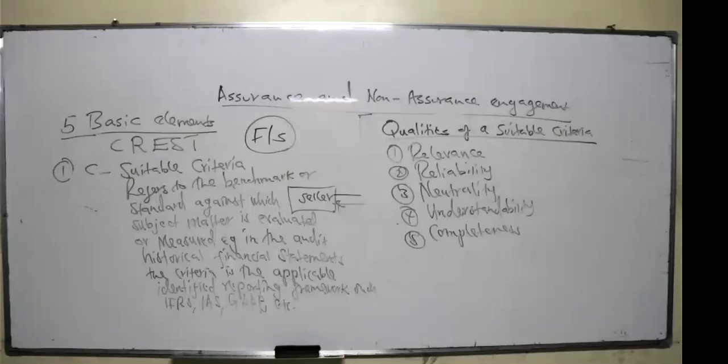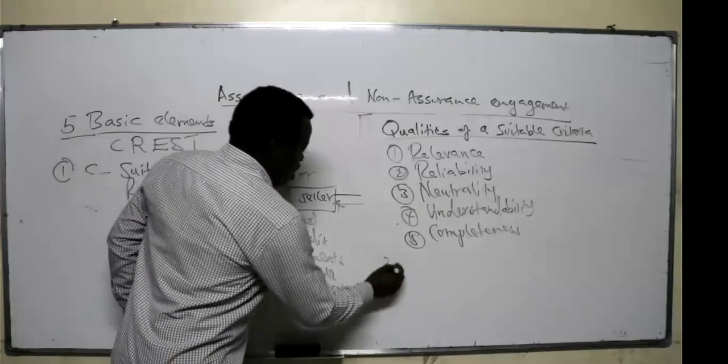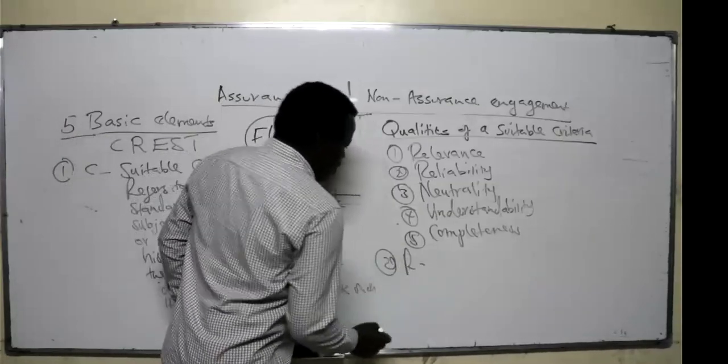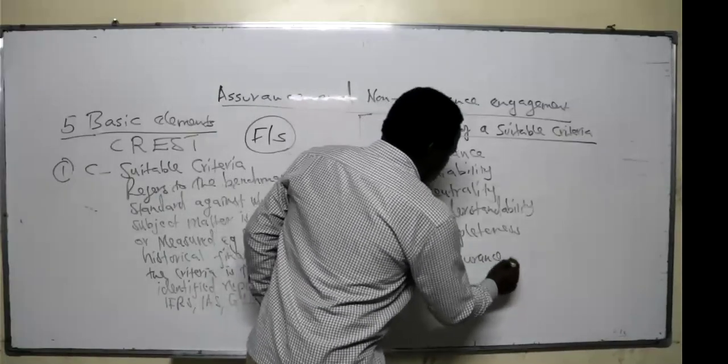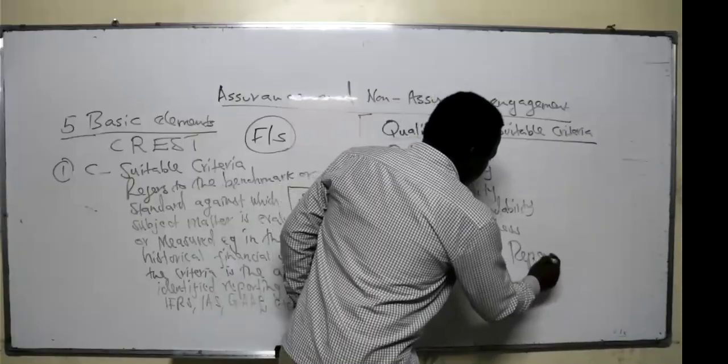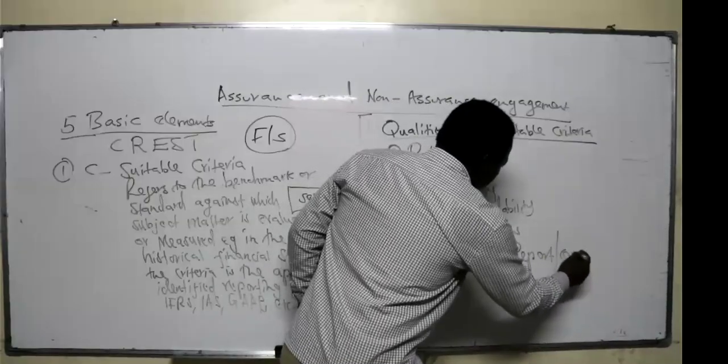Then you go to number 2, which is R. R is the assurance report, stroke opinion.